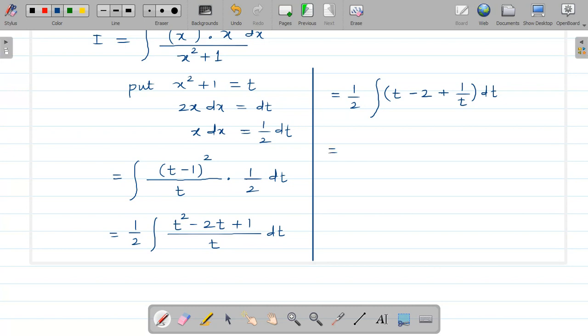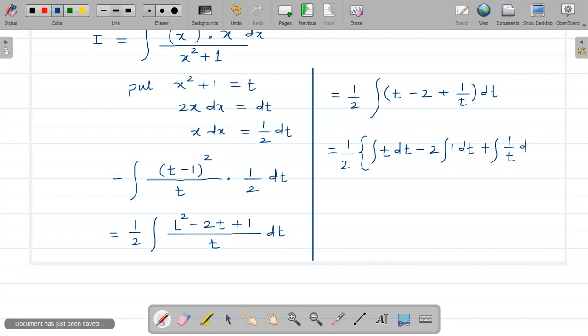Now evaluate the integration. So 1 by 2 into curly bracket, we have to evaluate the integration of t minus 2 as it is into integration of 1 dt, plus evaluate the integration of 1 upon t dt. Take the integration of separate term like this.